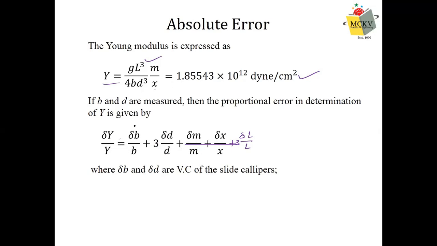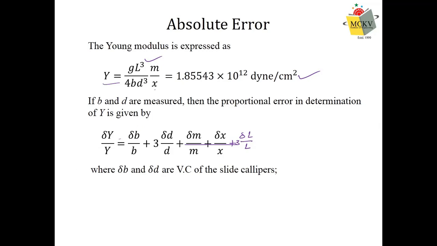But what is delta b by b? Delta b by b is the relative error in measurement of b. Whenever we try to measure the breadth, the relative error in the measurement comes out to be delta b by b. Similarly, when you try to measure the depression x, delta x by x is the relative error in measurement of x.